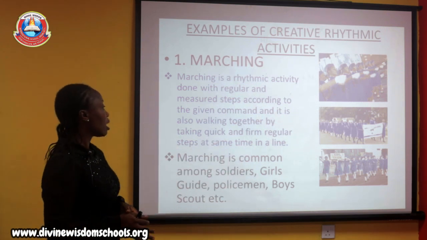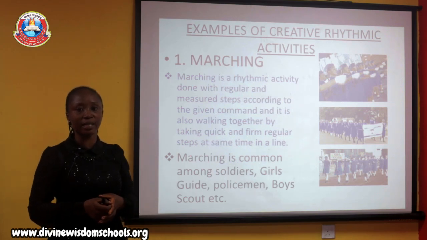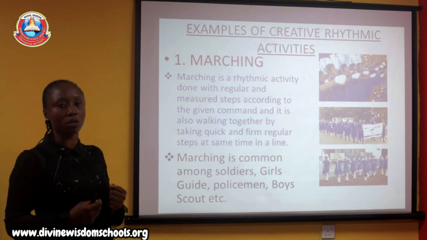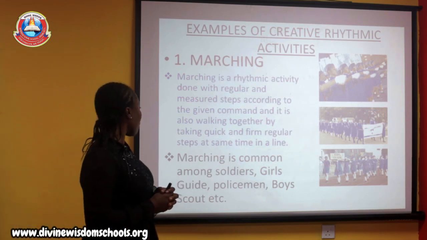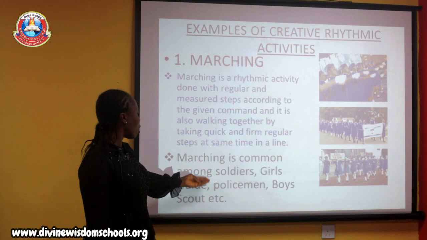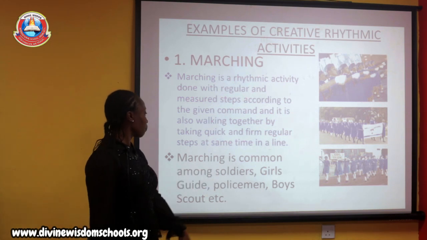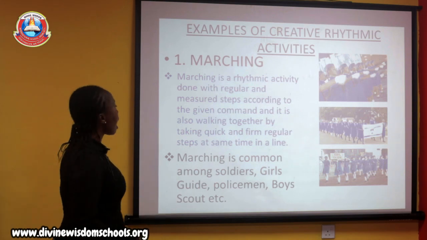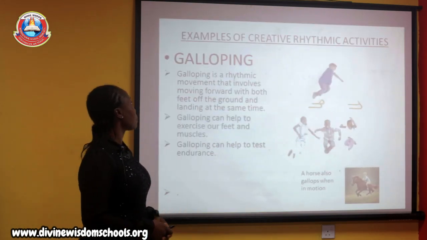So marching is a good example of creative rhythmic activities. We perform that over and over. We don't just do it once and stop. Marching is common among the soldiers, Girls Guild, policemen, Boy Scouts, and other persons.